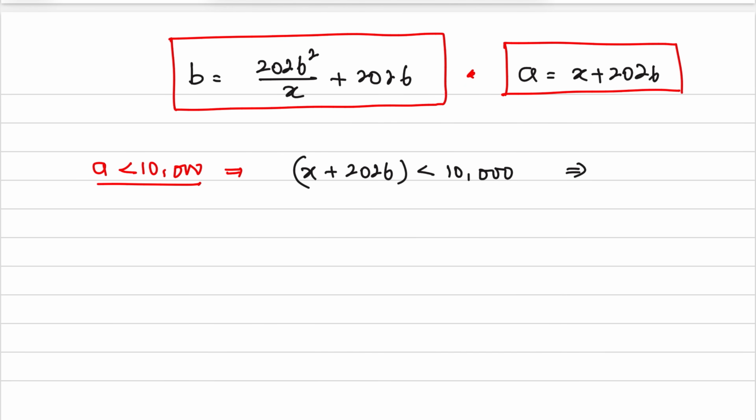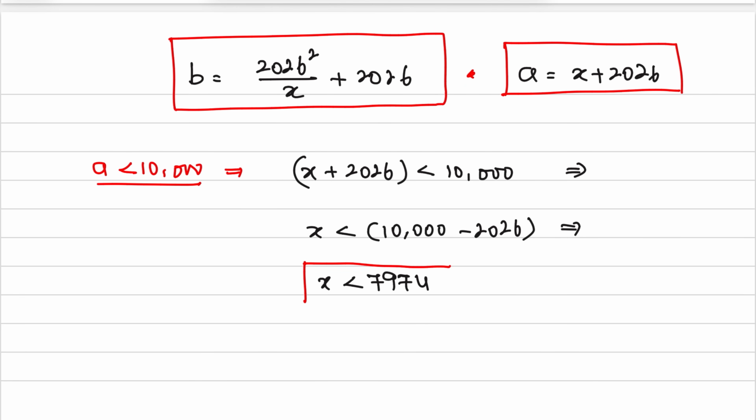That implies x is less than 10,000 minus 2026. That implies x is less than 7974. This is one condition we have got, where A is less than 10,000 is given in the problem.